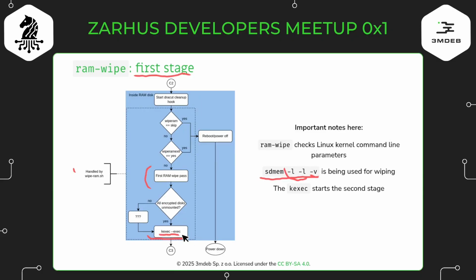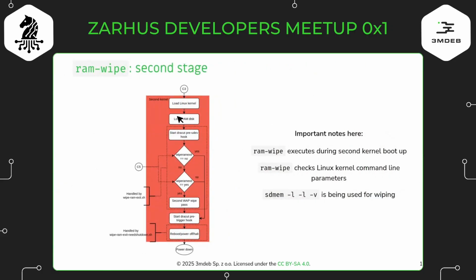If kexec load was not executed, then this will not be executed, and the second stage will not be done. To the second stage, and the second stage via the kexec command will load our kernel again, and then it will get into the RAM disk, and then it will start Dracut hooks again.